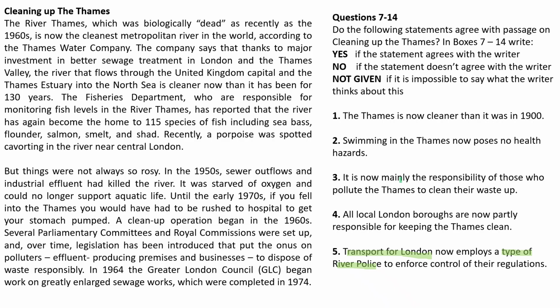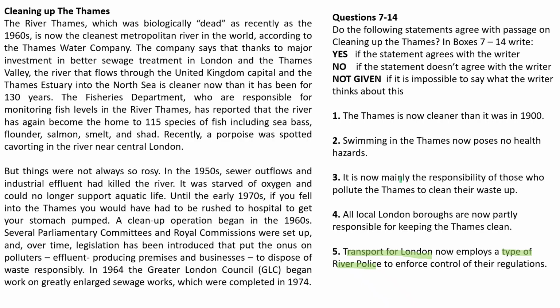Remember, what does the question say? The question says, Transport for London now employs a type of police, river police, to enforce control of the regulation. Maybe it's kind of an agency. Now, what would they do? They hire people, and these people are like river police, people who patrol, and they forcefully control the regulations.